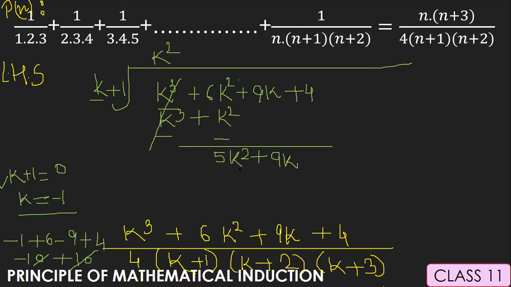So you would multiply with 5k. 5k multiplied by k is 5k square and 5k multiplied by 1 is 5k. So it would be 5k square plus 5k.